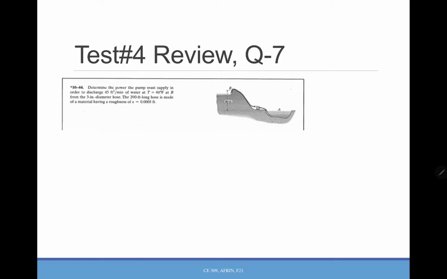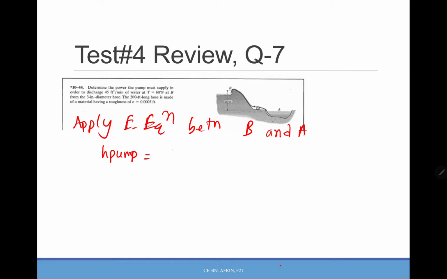Okay, now for the next one, determine the power the pump must supply in order to discharge an amount of water at B from a 3-inch diameter hose. You know the pipe material, surface roughness, and everything. So basically what you need to do is apply the energy equation between B and A. That will give you the pump head in terms of head loss and so on. So f L over D v square over 2g and so on.